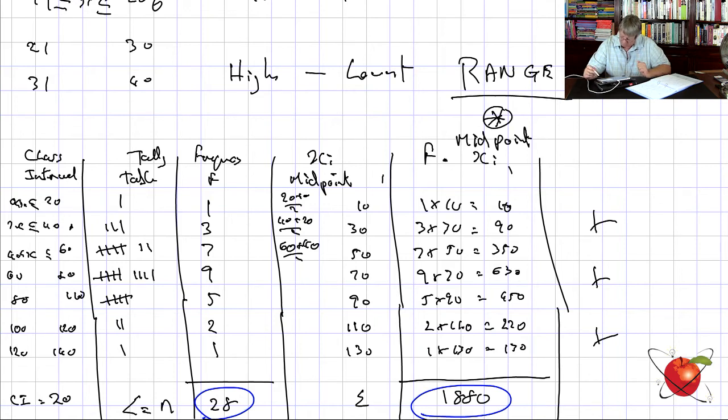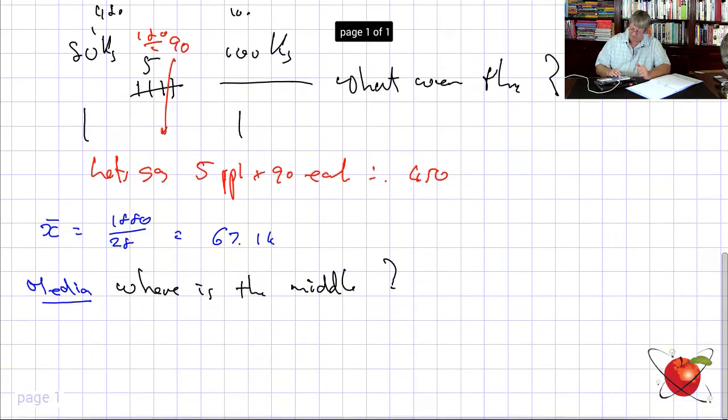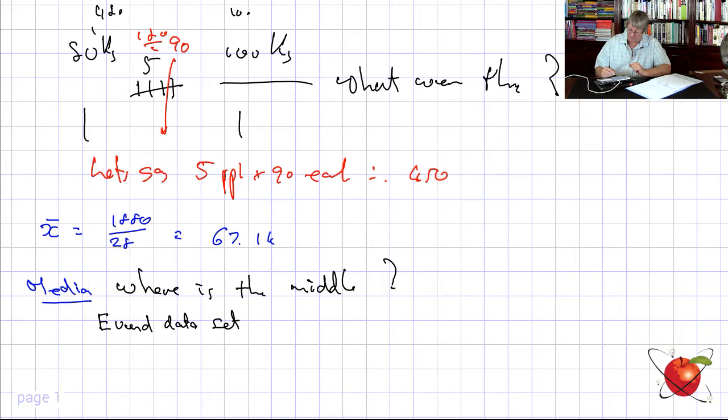Well, first of all, we say to ourselves, it's grouped data, we need to find the middle. So when we're looking for the median, if it's an even data set, then n is 28, therefore even. And what do we do with even?